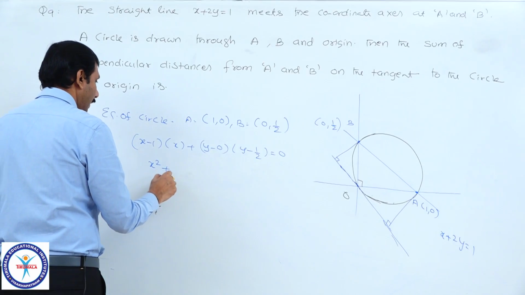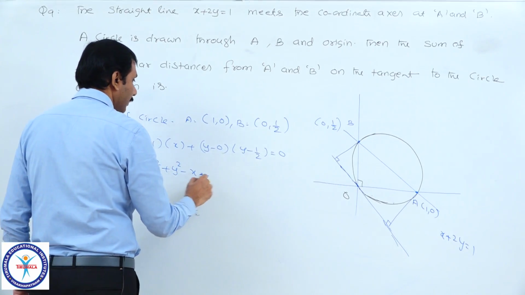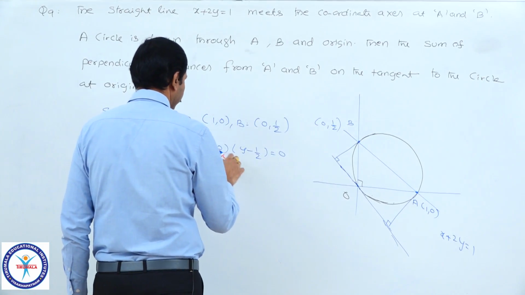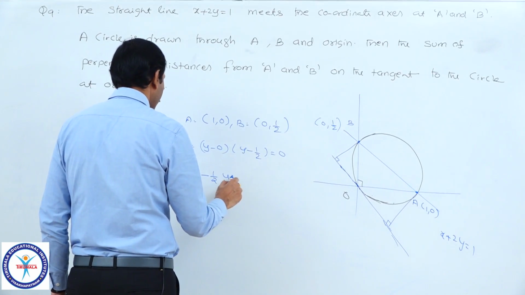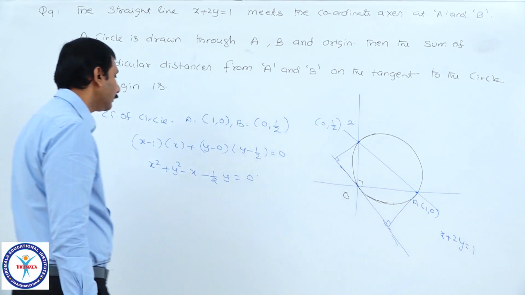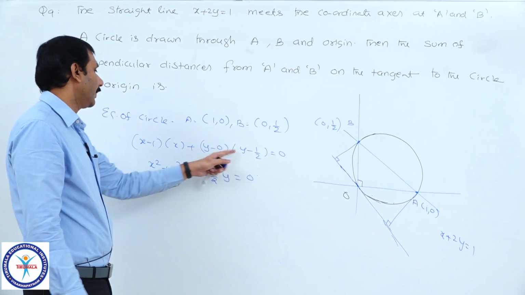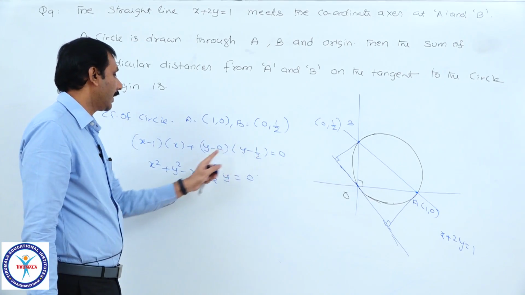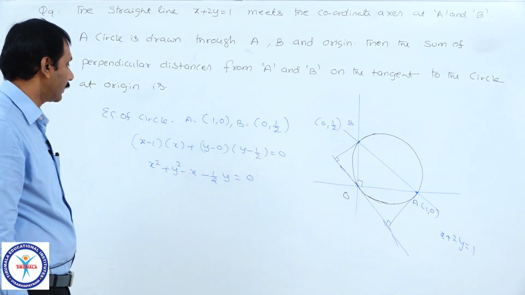It is x² + y² - x - (1/2)y = 0, which is the equation of the circle.